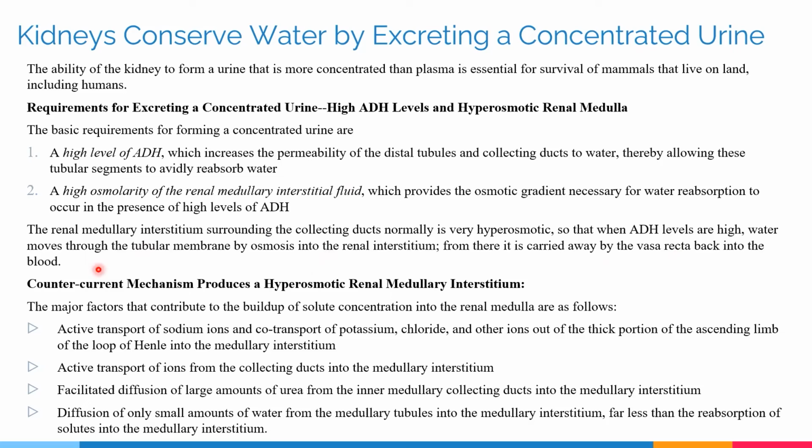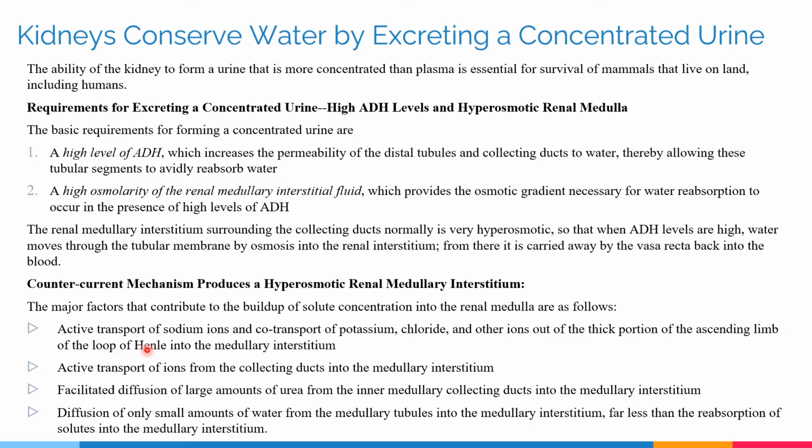Next, we look into the countercurrent mechanism, which produces a hyperosmotic renal medullary interstitium. Active transport of sodium ions and co-transport of potassium, chloride and other ions out of the thick portion of the ascending loop of Henle into the medullary interstitium plays an important role in producing the hyperosmotic renal medullary interstitium.